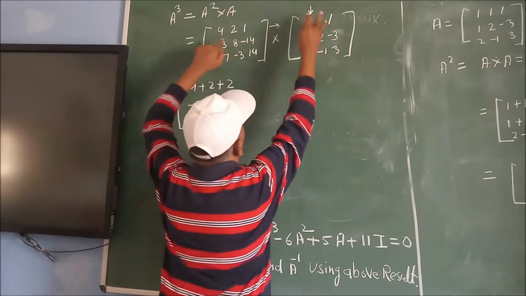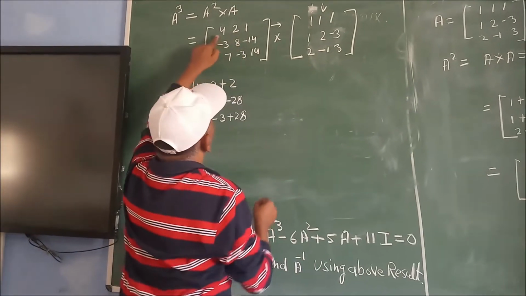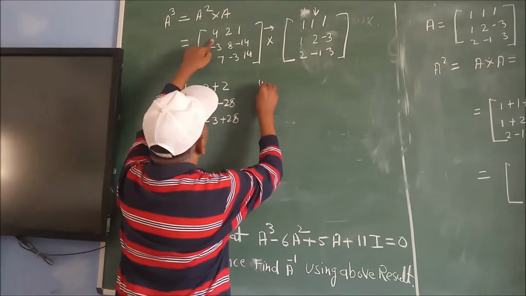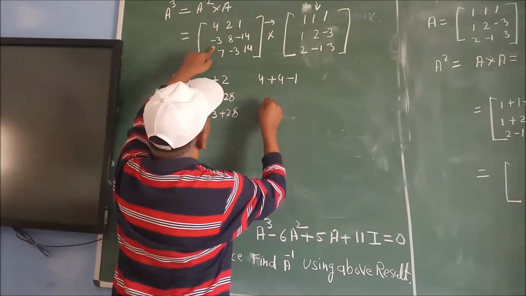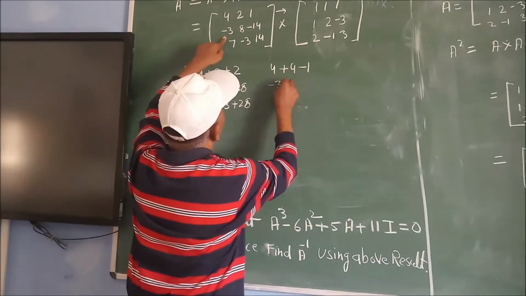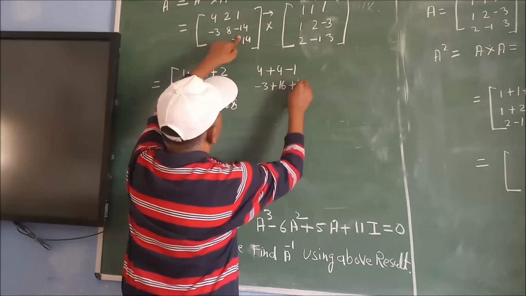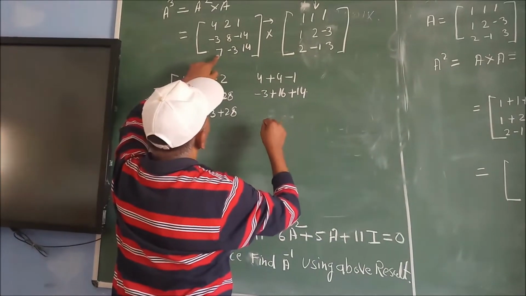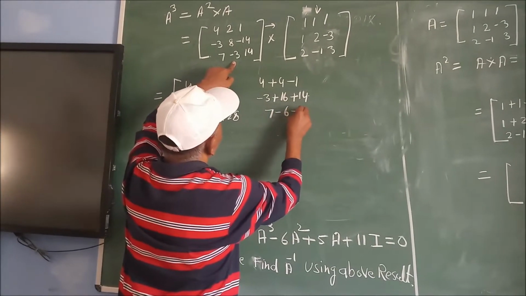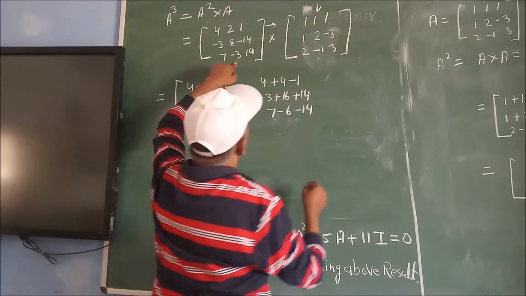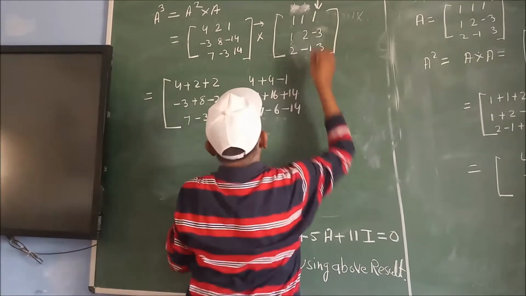Second is multiply R1 to C2. So 4 into 1, 4 plus 4 minus 1, and again 3 into 1, minus 3 plus 8 into 2, 16 minus 14 into minus 1 plus 14. So after that 7 into 1, 7 minus 6 minus 14, and last multiply C3 with R1.